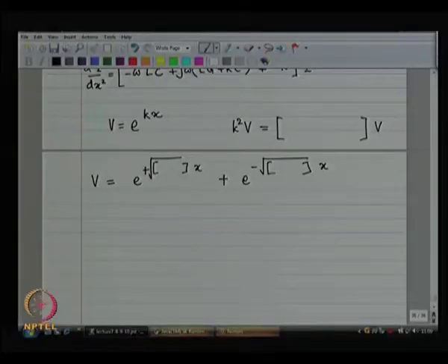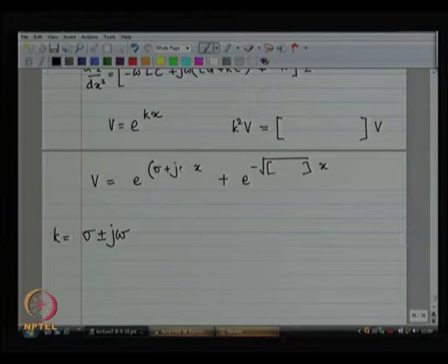So, the positive and the negative square roots, let us say these are sigma plus minus j omega. Okay. So, I have got, okay.